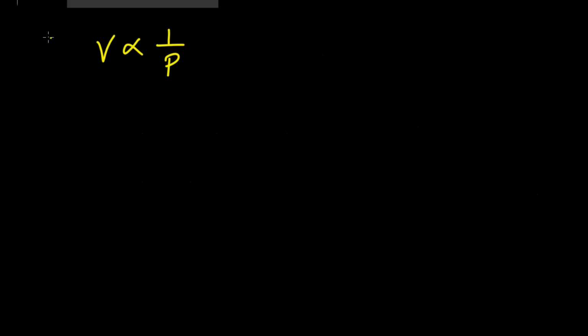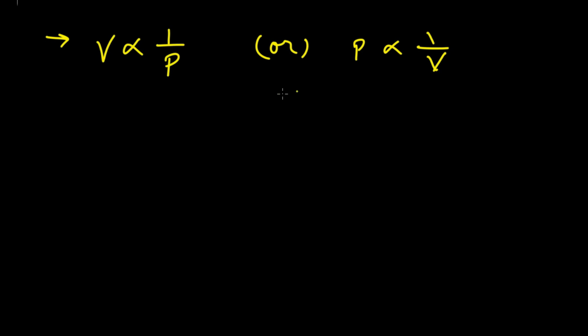Now this was our relation. V is directly proportional to 1 upon P, or V is inversely proportional to P, or we can also write it as P inversely proportional to volume, as we have written in the statement, but these two are one and the same. So we will use this equation for the derivation part.